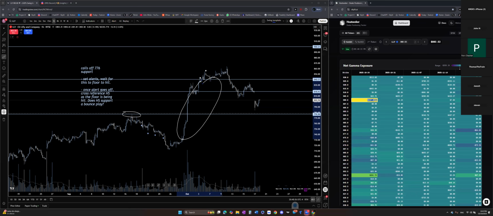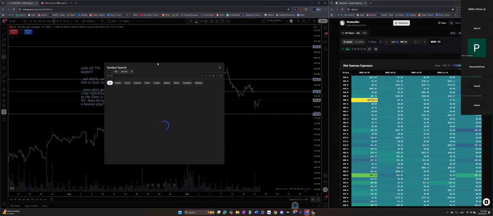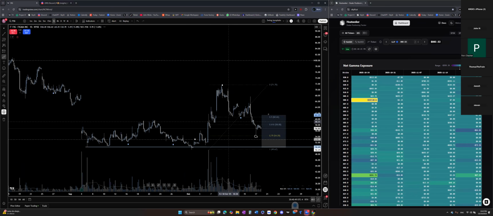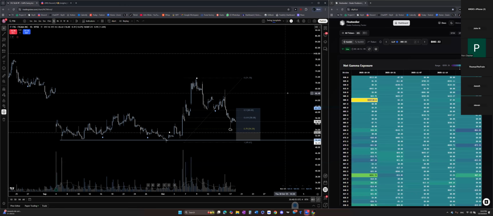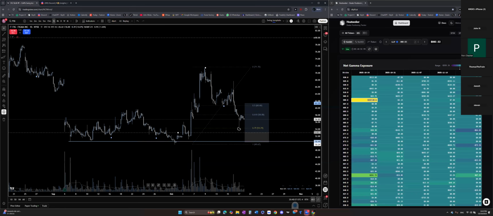When looking for node retests and price delivery, I'm seeing a lot of people try to chase it. For example, Fig, people try to chase nodes which price was delivered from. I kept hearing people were trying to chase calls back up to 70, but because price already came from 70, the probability of us going back up there was much less.